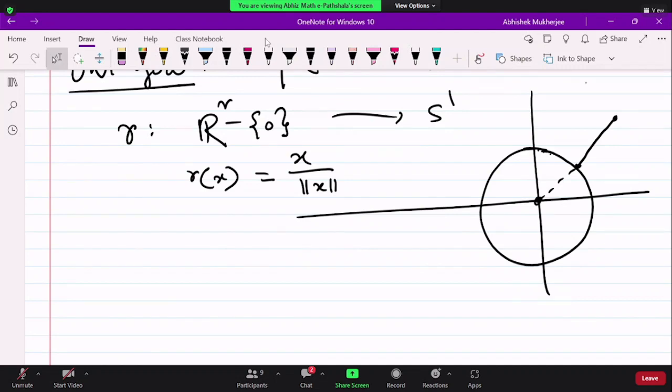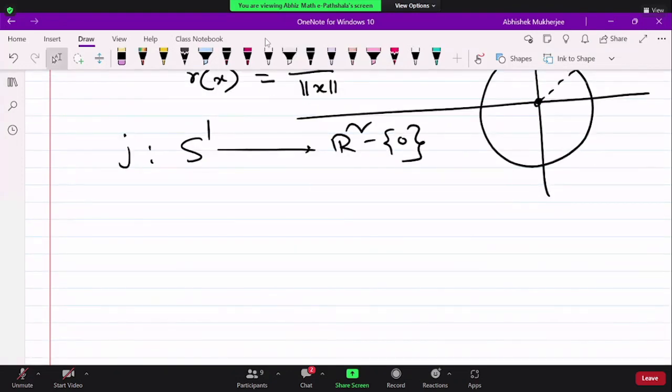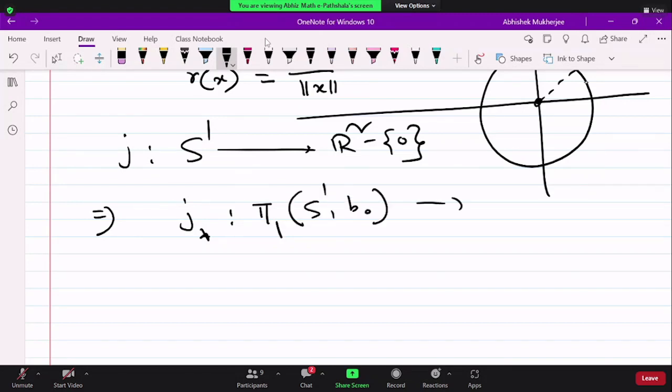And also there is an inclusion from S1 to this. And this inclusion will induce a 1-1 homomorphism, which is the induced homomorphism. Right? This is 1-1.